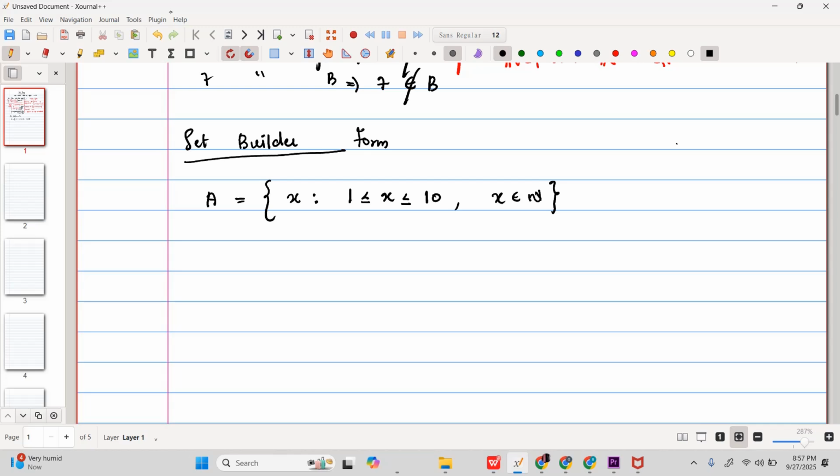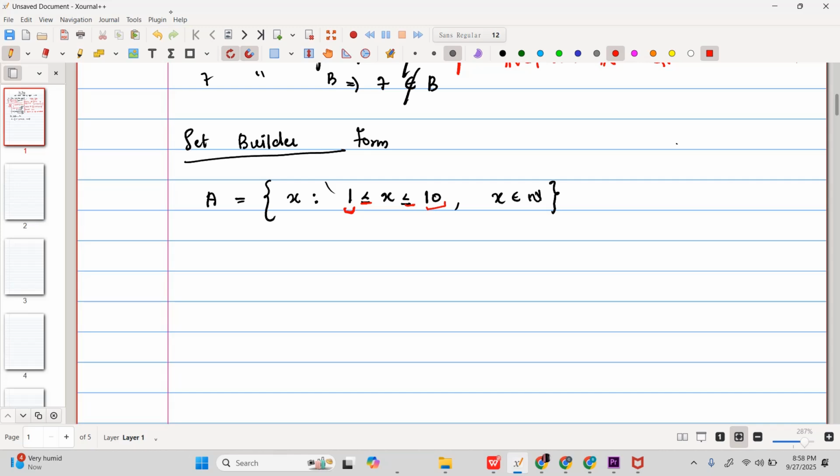We are taking the counting numbers like 1, 2, 3, 4, etc. And they are giving one more condition, which is that x can take values from 1 to 10. 1 and 10 are included in the set. Since we are taking the equality, we have to include those numbers also, and the numbers in between 1 and 10 we also have to consider for this set.